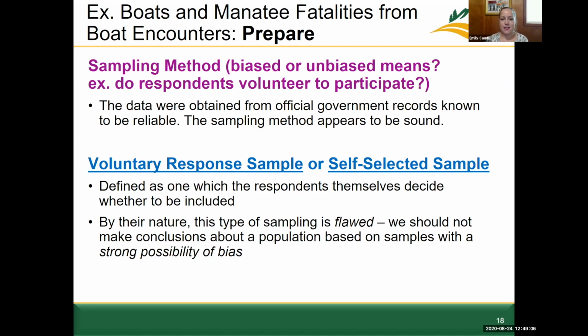If I decided I don't want that data point to be included, then this is an example of a flawed sampling method where I can volunteer that information. So we shouldn't make conclusions about a population based on samples with a strong possibility of this bias. So again, the bias is from the fact that I can volunteer whether or not to let that data point be used in statistical methods.